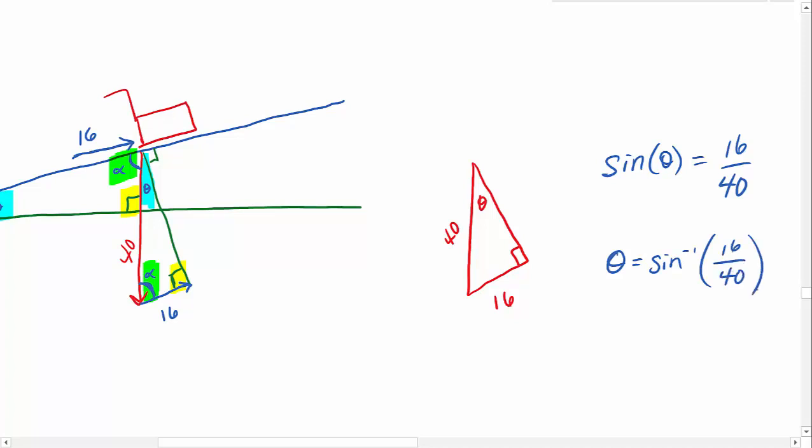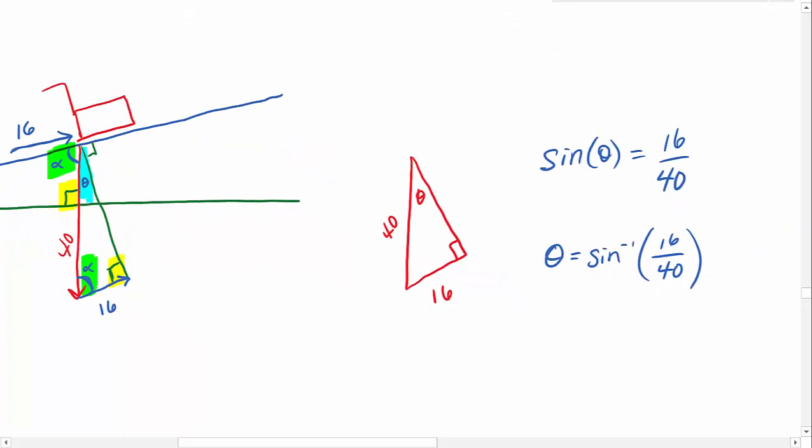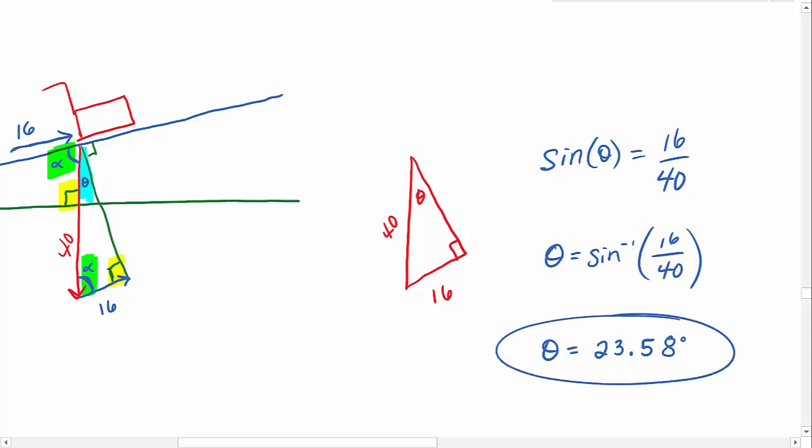And now we're going to plug it into our calculator and round to the nearest hundredth. We get theta to be 23.58 degrees. And that is our angle of inclination.